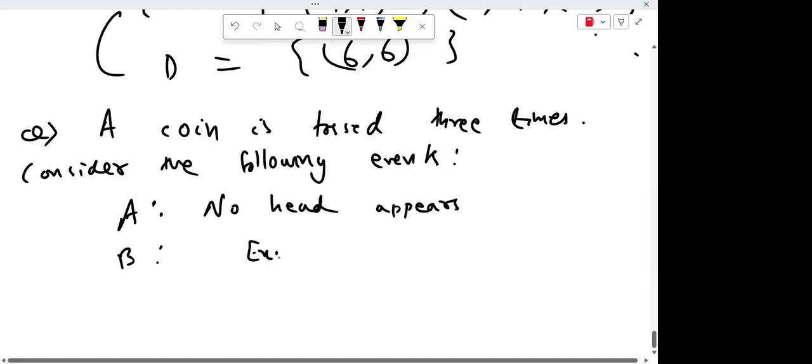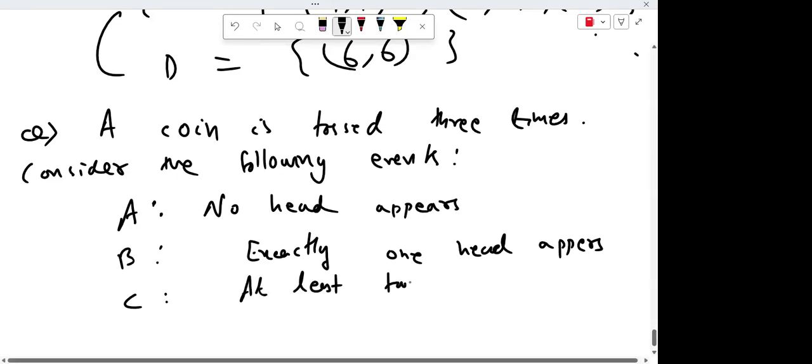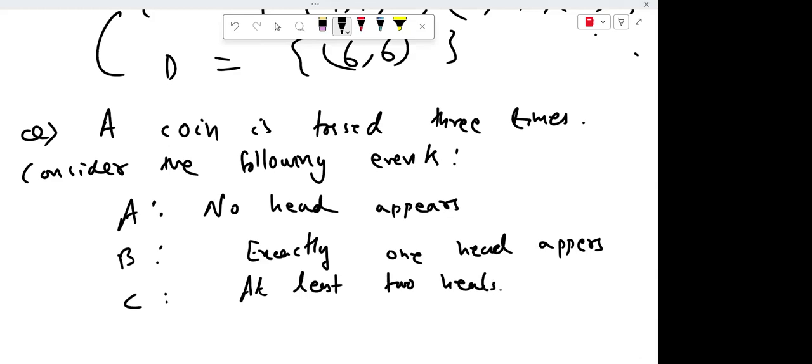Event B is exactly one head appears. Event C is at least 2 heads appear.